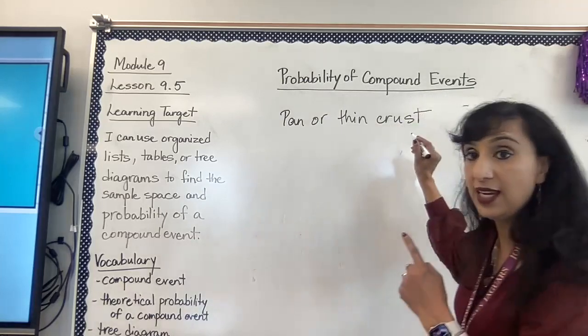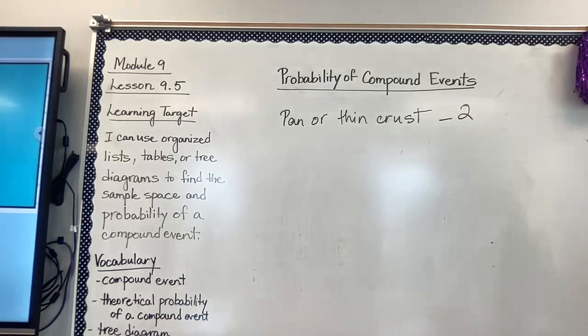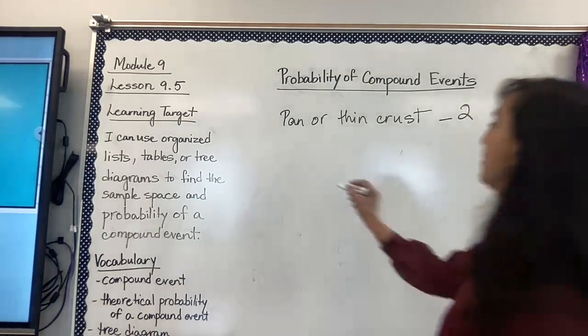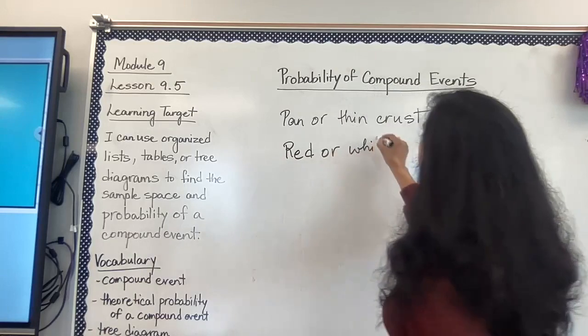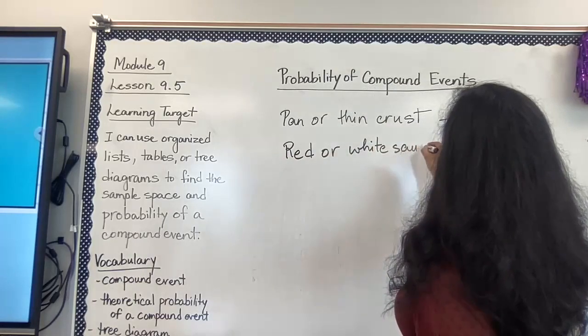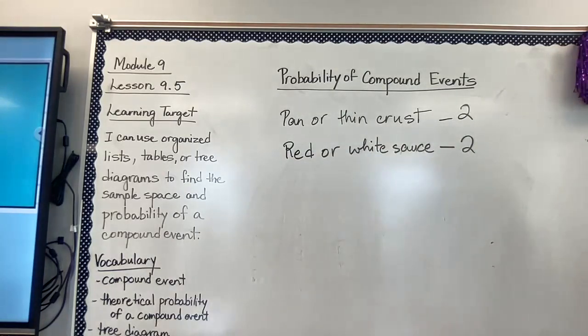How many options are these? These are two of these. Okay, so these are 2 different outcomes. And it sells red or white sauce. Red or white sauce. So that is 2 again.